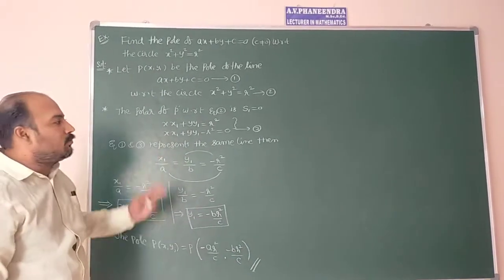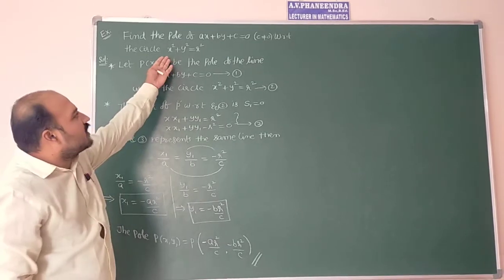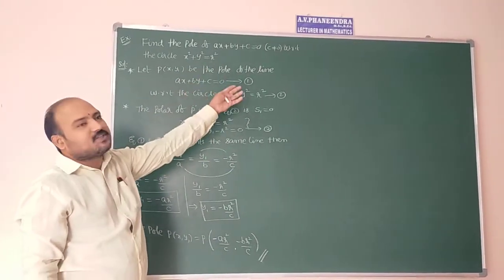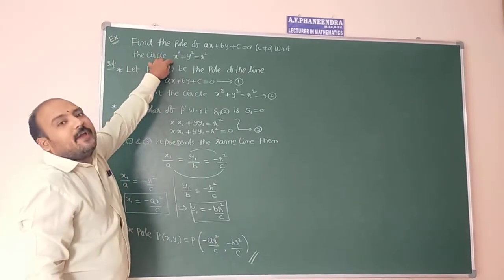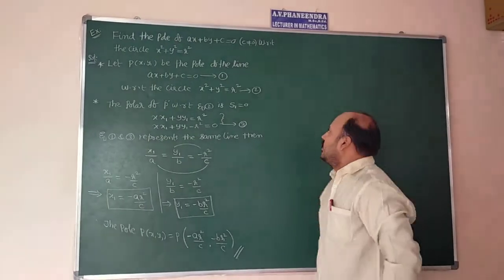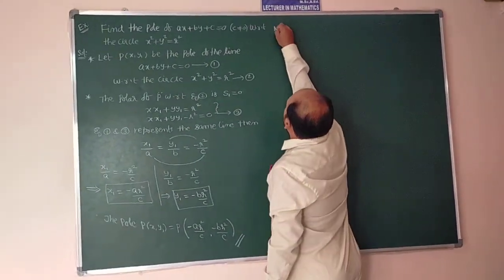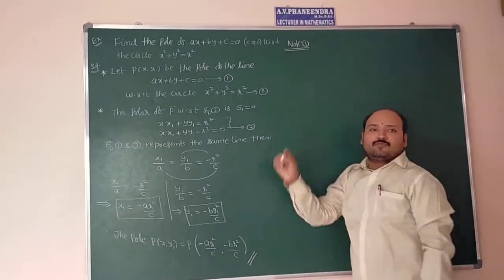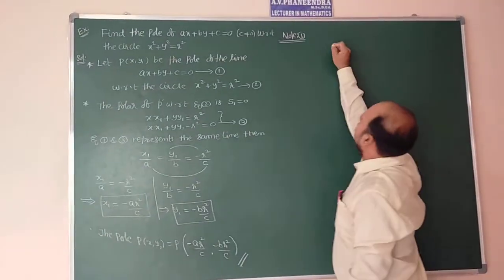Now I am going to tell some notes regarding this circle and that line. I will take another line lx plus my plus n is equal to 0 with respect to S equal to 0, as well as x square plus y square equal to r square. See note 1. These notes are very important regarding 2 marks and 4 marks questions in circles.